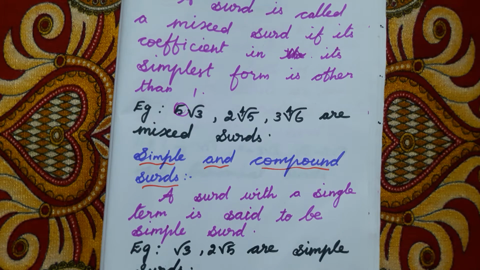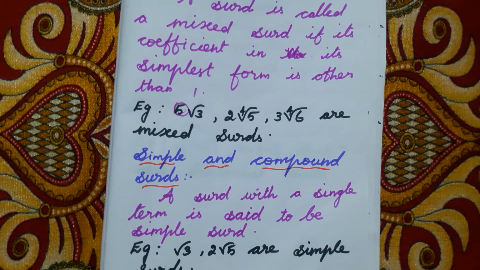Now what are simple surds? Here only one term is there. Root 3: only one term, so that is a simple surd. Root 3 and root 5 are simple surds. Can you understand this? Simple surds mean only one term.